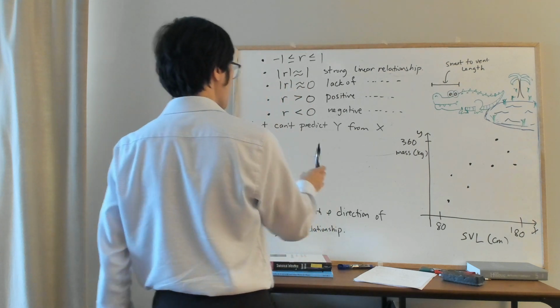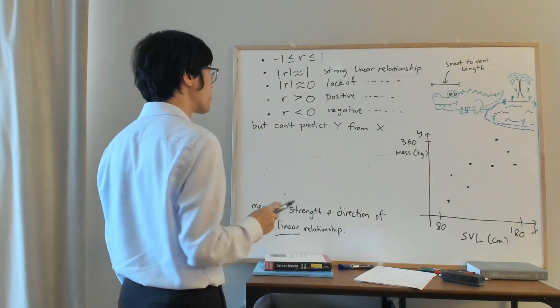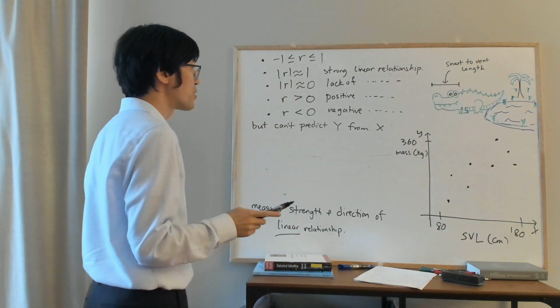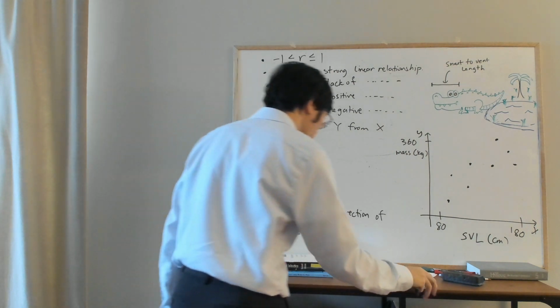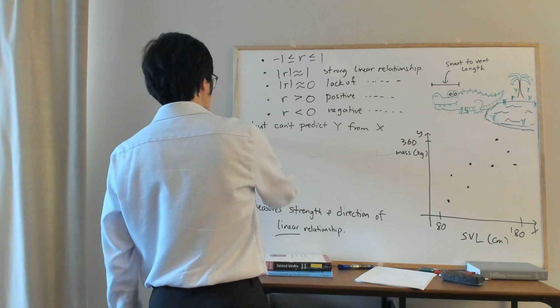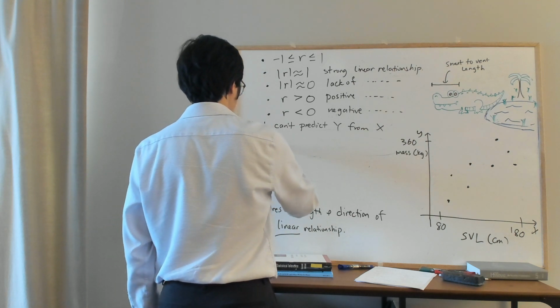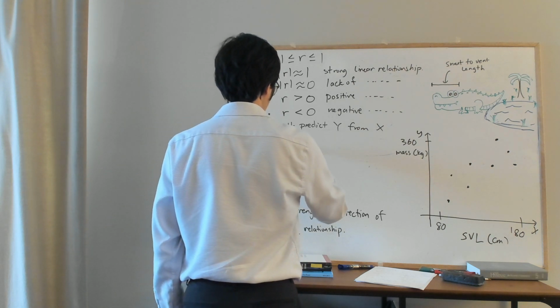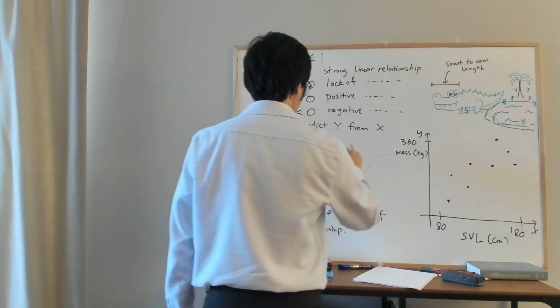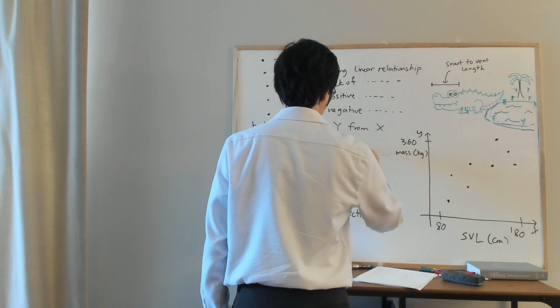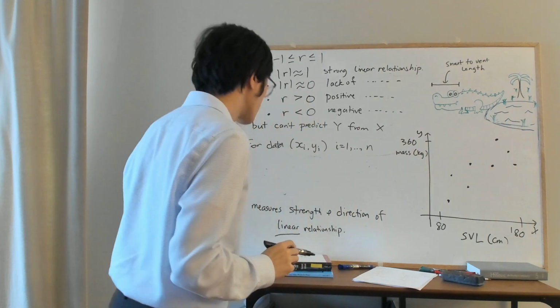Okay, so let me write down the model for the case where we have n pairs of data points, xi and yi. So let's say we have n data points.